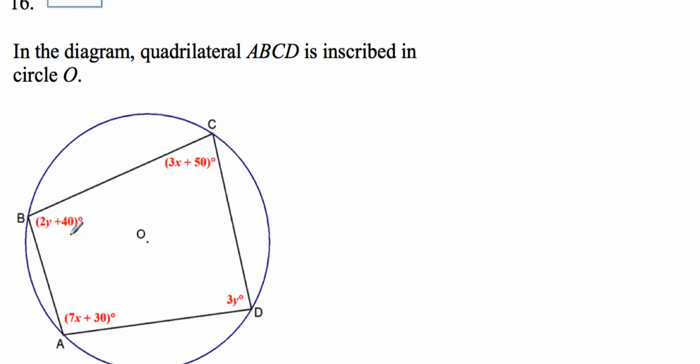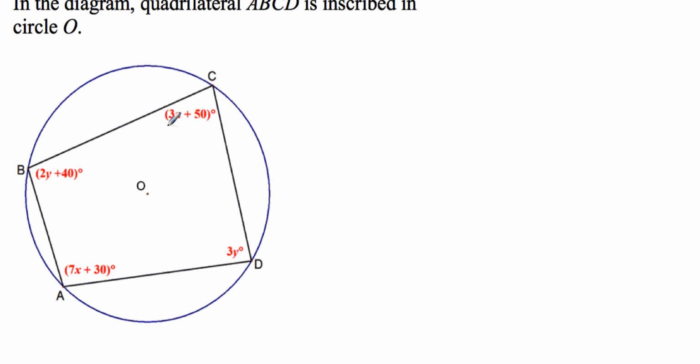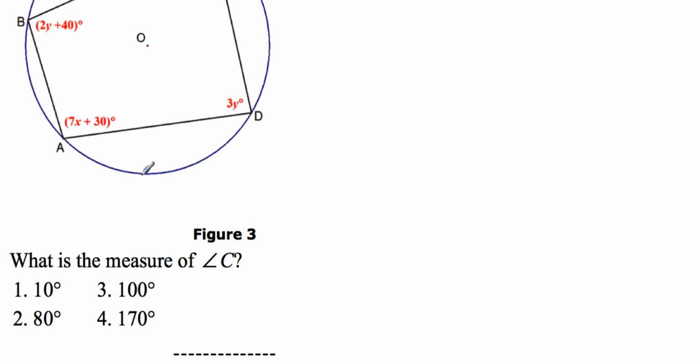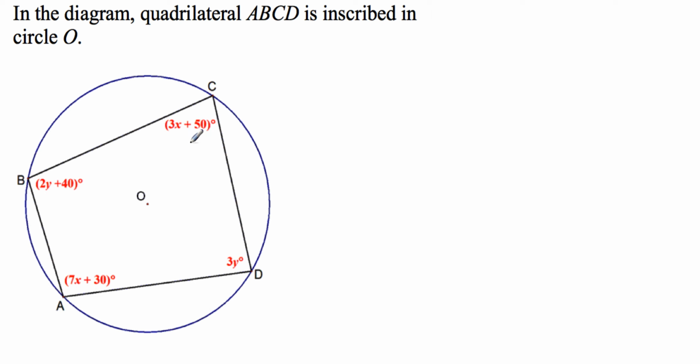Now we call this one a cyclic quadrilateral because the quadrilateral is inscribed in a circle. In that case, you know that opposite angles are supplementary. Angle C, I'm looking for this angle. That means when I add up these two angles, angle C and angle A, they must be equal to 180.